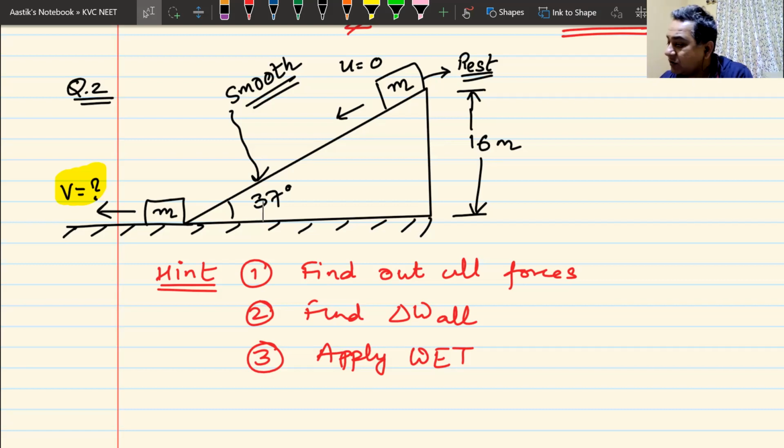We had to find out the velocity with which this block strikes the ground. How did you do it? What are the answers? Yes, under root 320 meter per second. Under root 320 meter per second is one answer that I am getting.